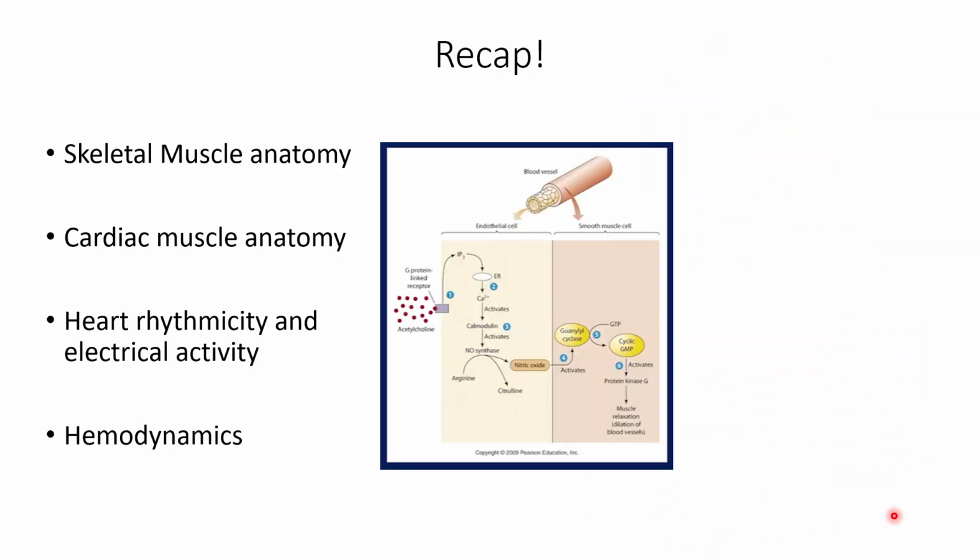And finally, we looked at hemodynamics, and we looked at how blood pressure and osmolarity is maintained. We learned about nitric oxide, which is a very important modulator of muscle relaxation in smooth muscles that surround blood vessels.